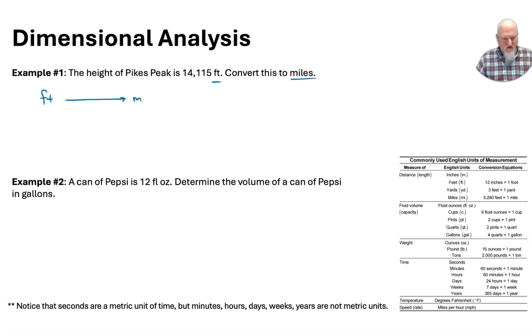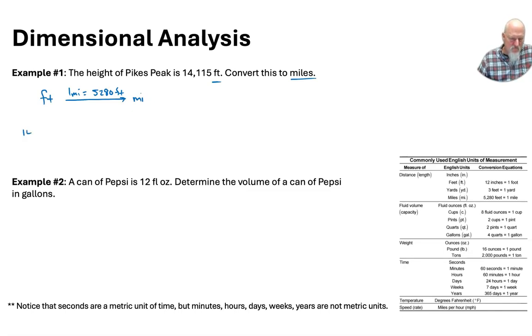And I can see that, remember, miles is MI. 1 mile is equal to 5,280 feet. So using that one conversion, I can convert the height of Pikes Peak in feet to miles.